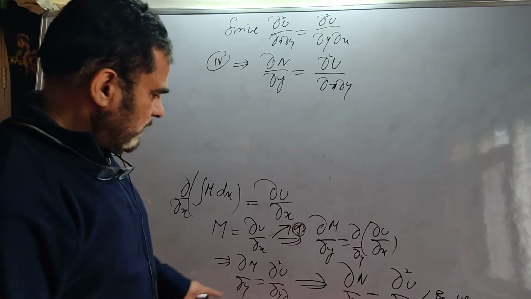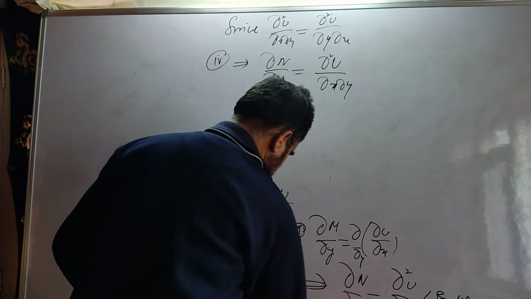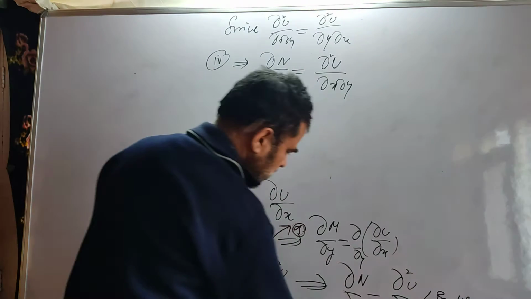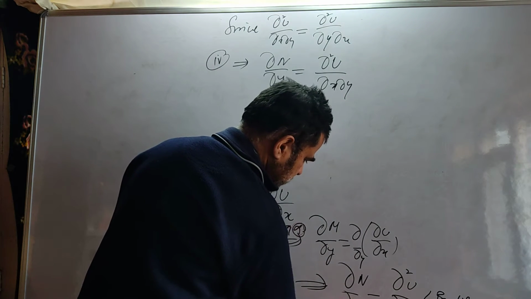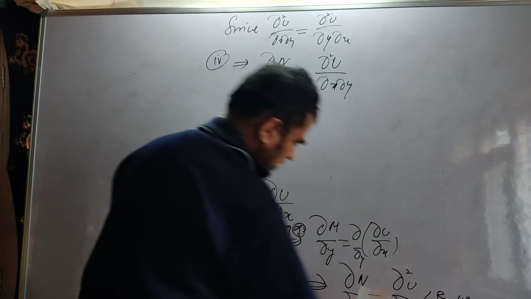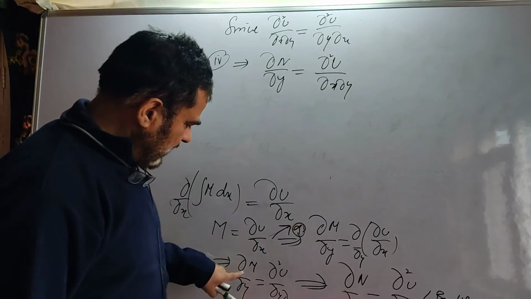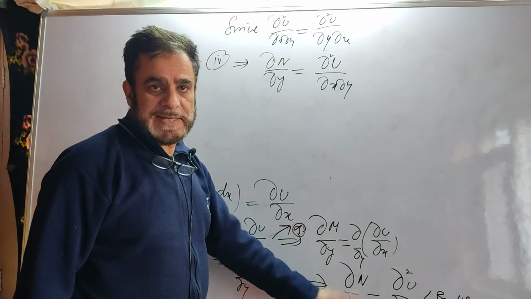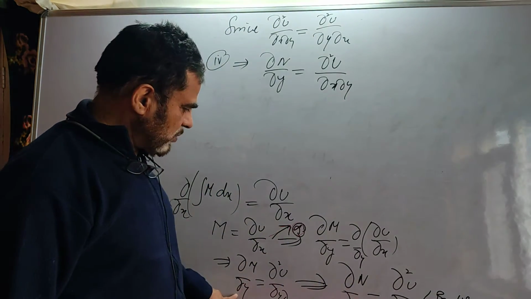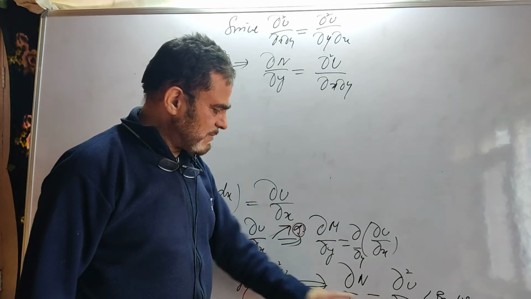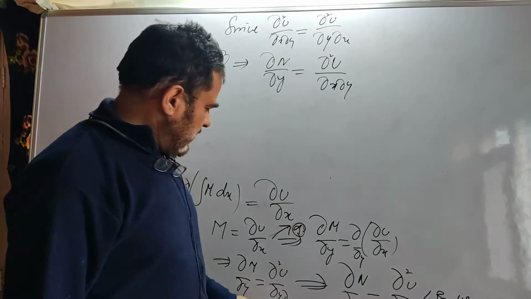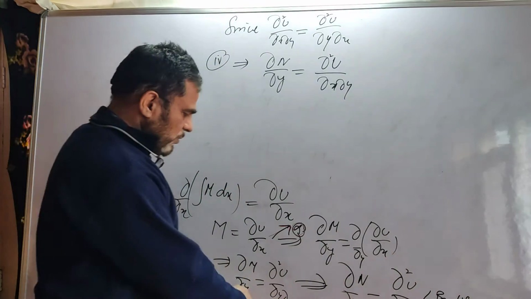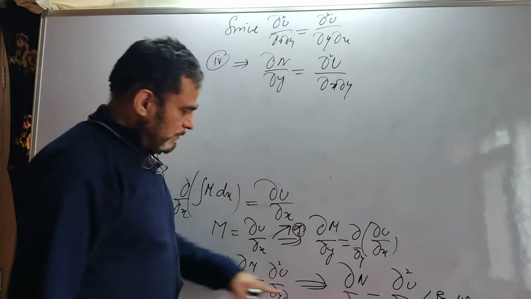So we have got here del M by del y. It is actually x here. We have a mistake here because the condition is partial of M with respect to y is partial of N with respect to x. So given this condition, we take dou M by dou y is dou N by dou x, so we replace this by this.